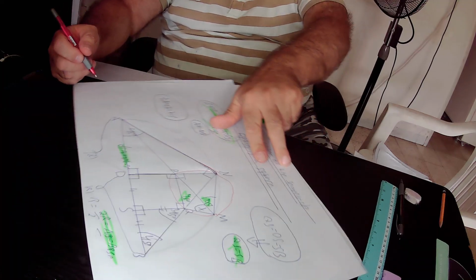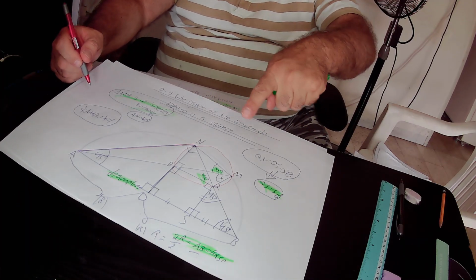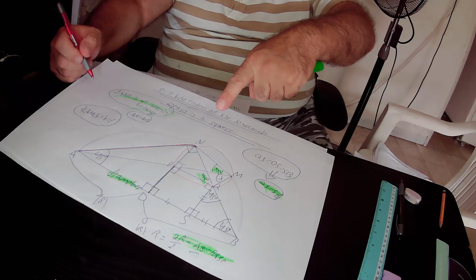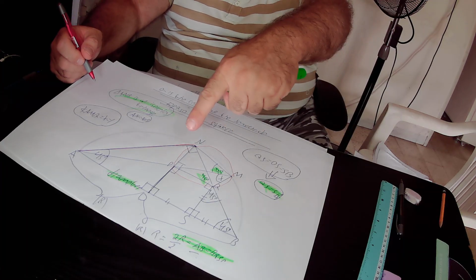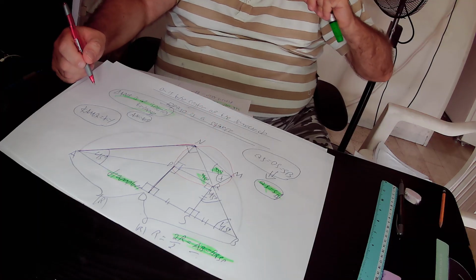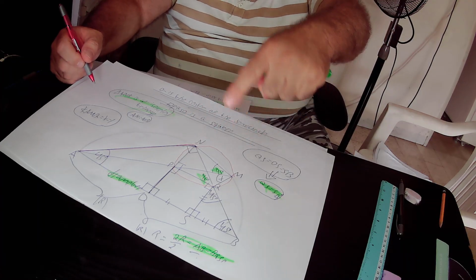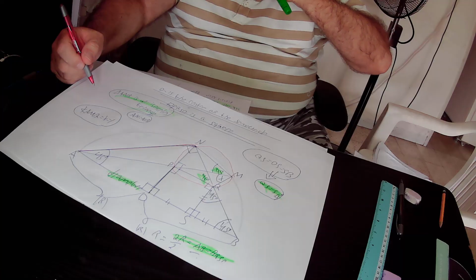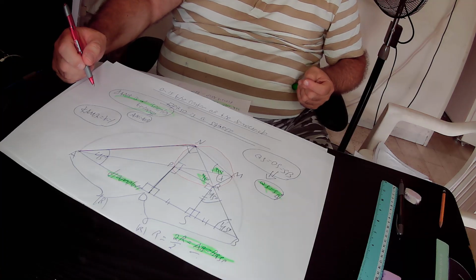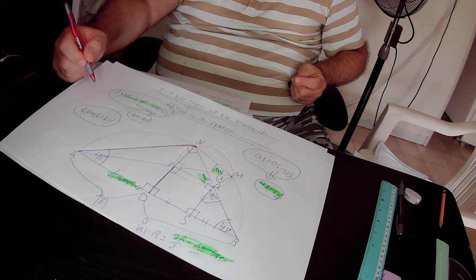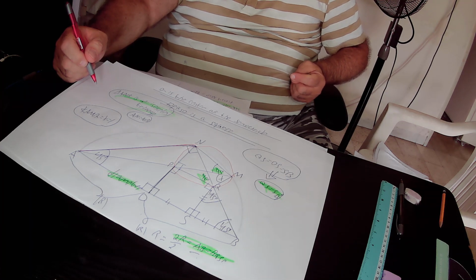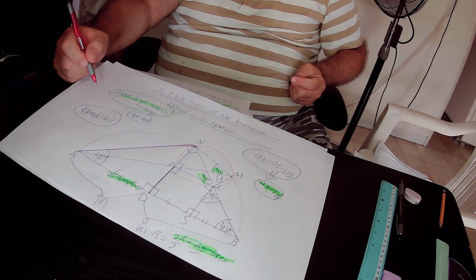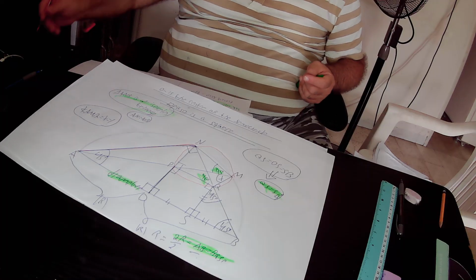The red circle encloses quadrilateral NMQP because all four vertices N, M, Q, and P are located on the red circle itself. So here you can implement the rule that in any cyclic quadrilateral, the sum of its two opposite angles is equal to 180 degrees.